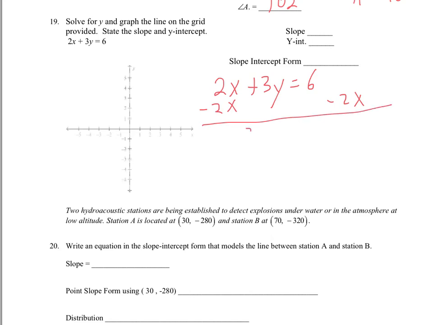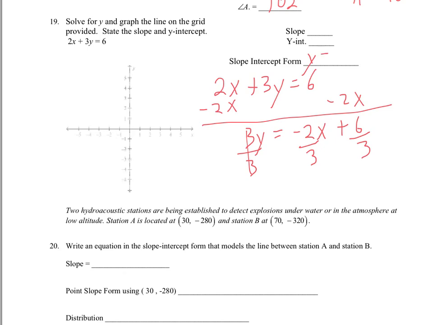So we've got 3y equals 6 minus, or actually, let's go ahead and put minus 2x here, since that's how slope-intercept looks, plus 6. We're going to divide by 3. And our slope-intercept form ends up looking like this.